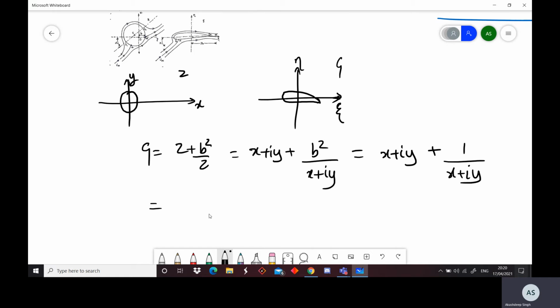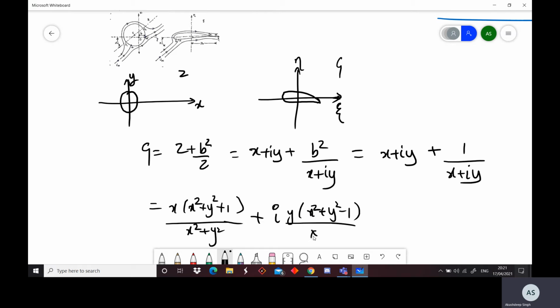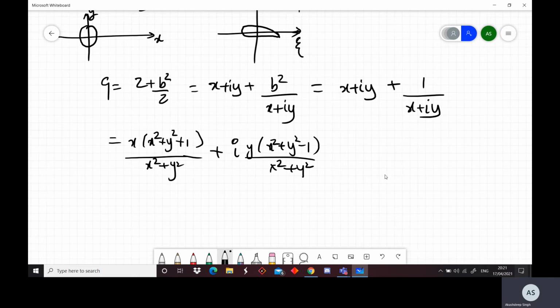Simplifying further, the real part becomes x into x square plus y square plus 1 divided by x square plus y square, plus the imaginary part, which becomes y into x square plus y square minus 1 divided by x square plus y square. This we should get as the final expression.